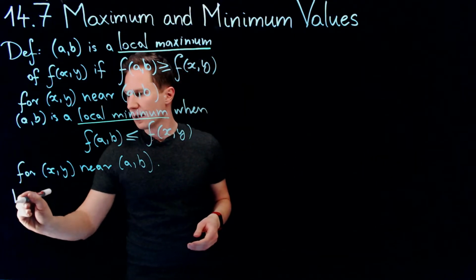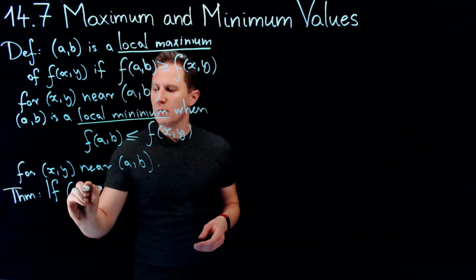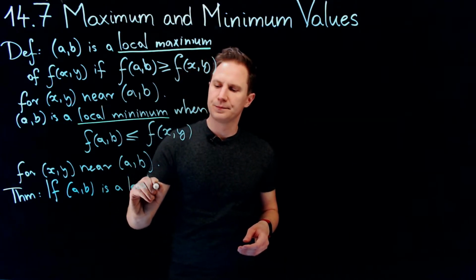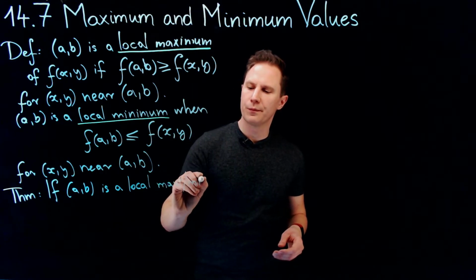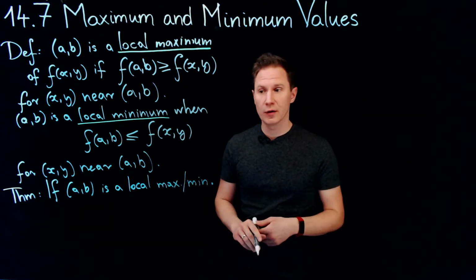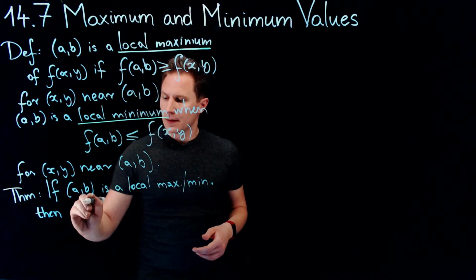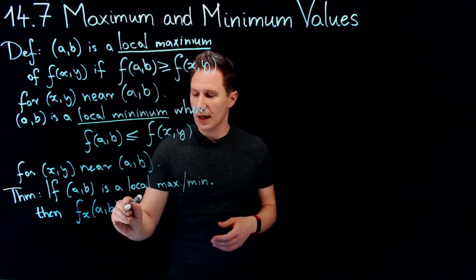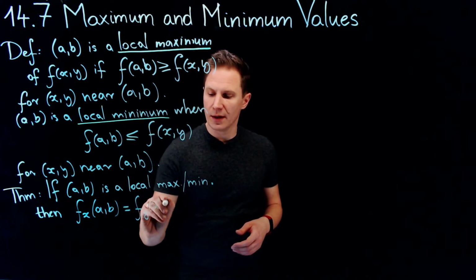So a quick result: if (a, b) is a local maximum or minimum, and the function has first order partial derivatives, then these first order partial derivatives at the point (a, b) must vanish.